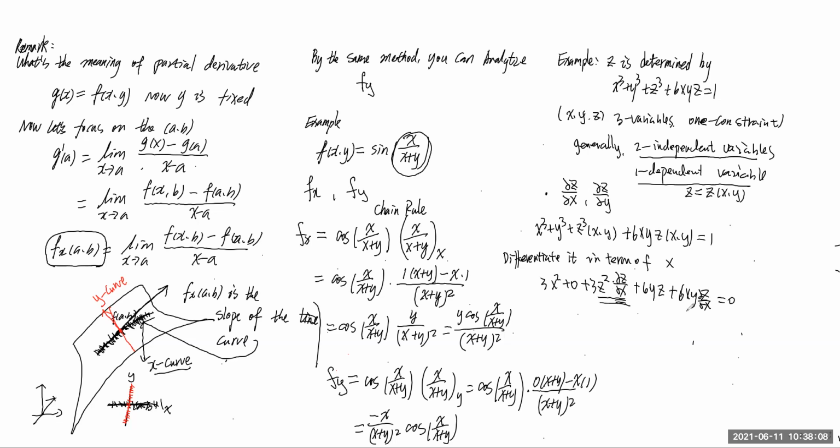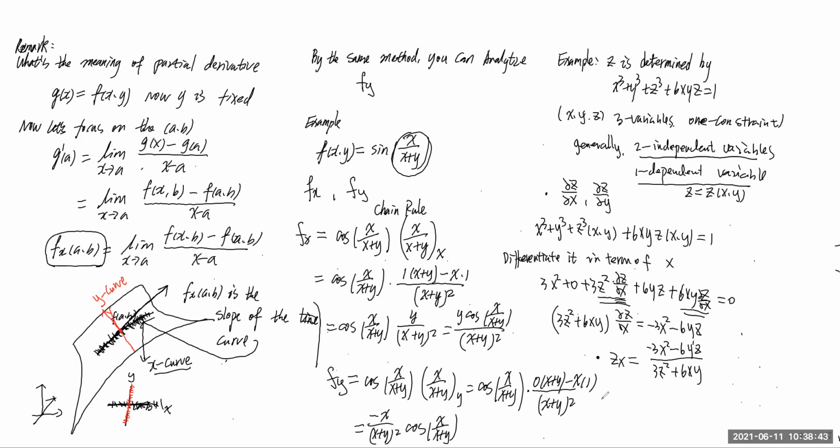And then you put the terms together, we get 3z squared plus 6xy, times partial z partial x, is equal to negative 3x squared minus 6yz. So z_x is negative 3x squared minus 6yz over 3z squared plus 6xy. So this is z_x.